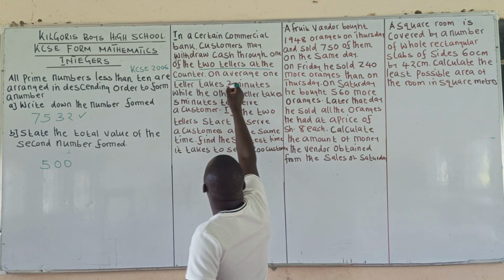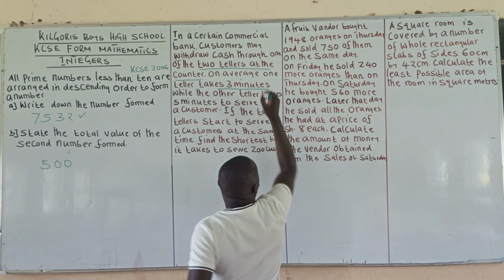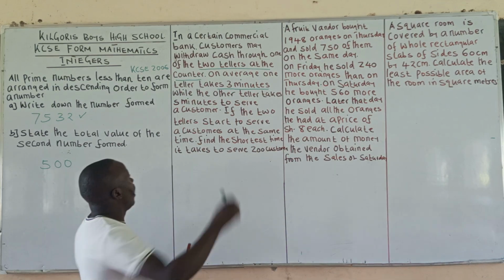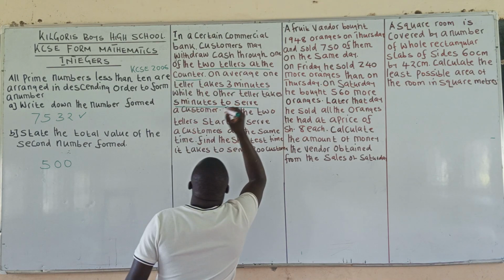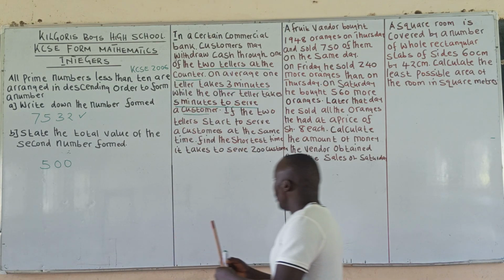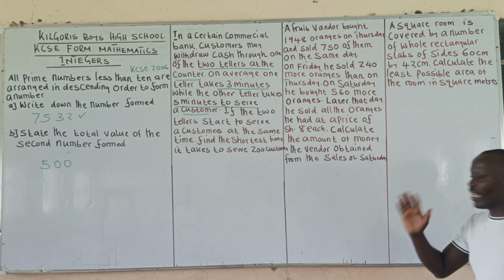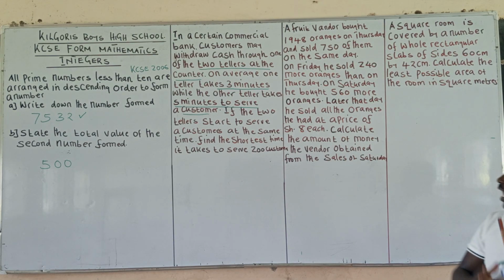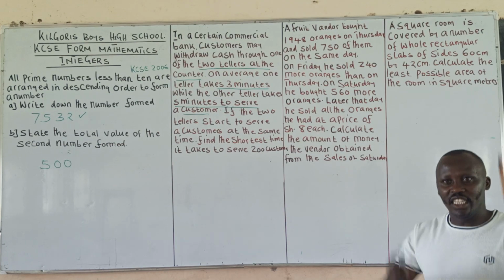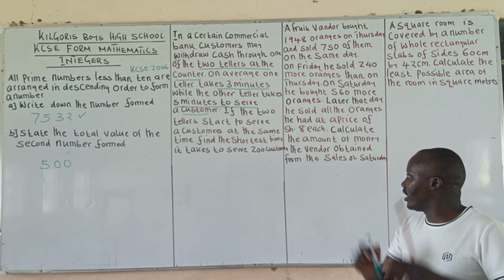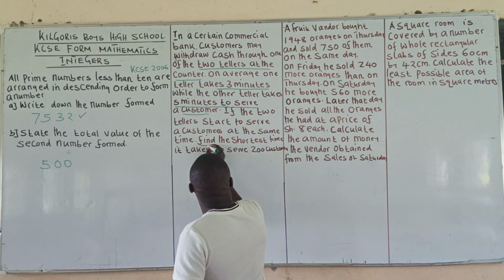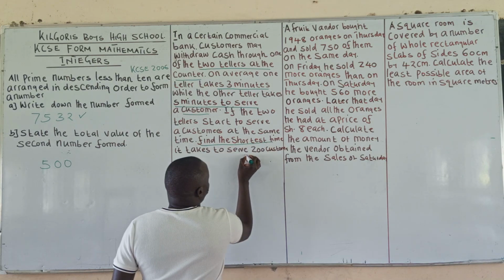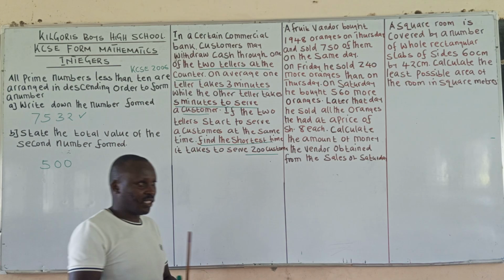If the two tellers start to serve customers at the same time, find the shortest time it takes to serve 200 customers.